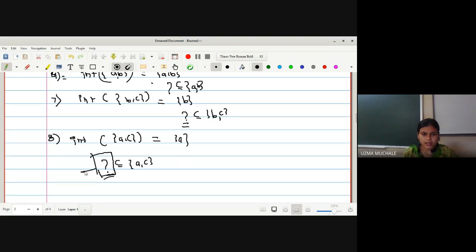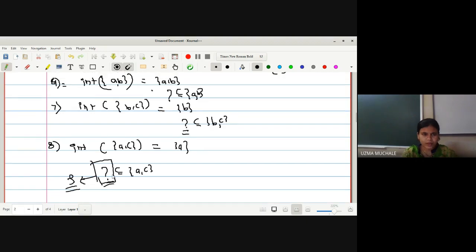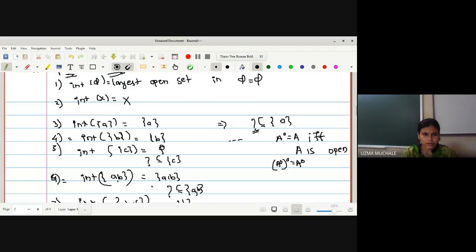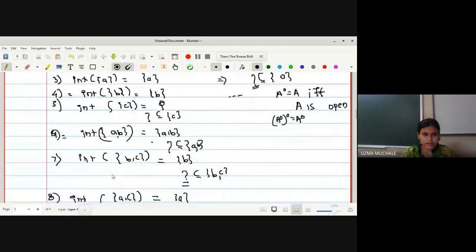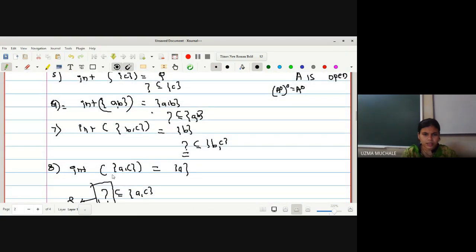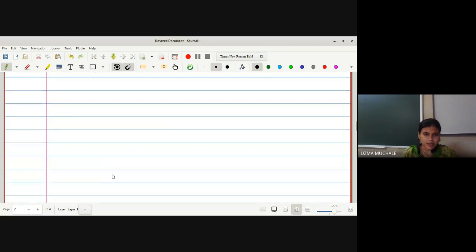These are the sets from the topology. So we have completed up to this. I think we have found it for X also. Let us now find the exteriors.